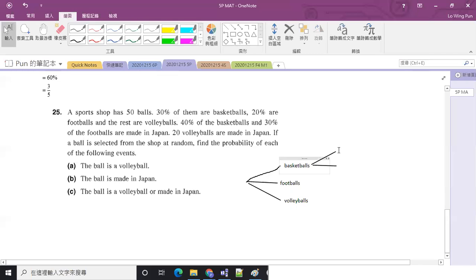Okay, and then for the footballs, it's also like this. And volleyballs is also like this.